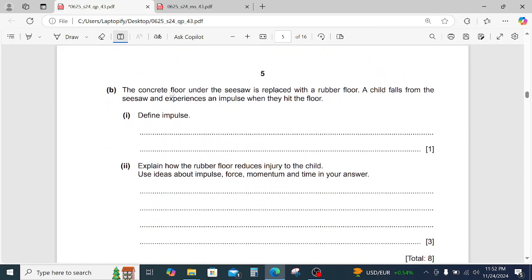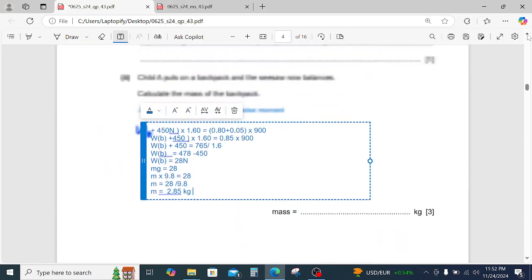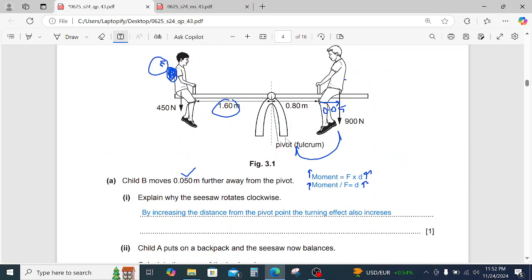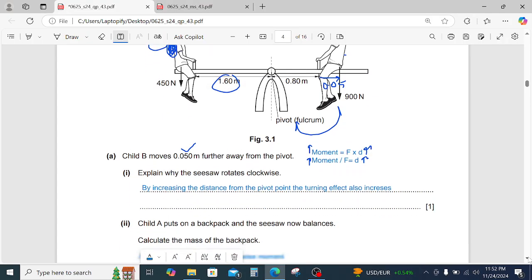The concrete floor under the seesaw is replaced with the rubber floor. A child falls from the seesaw and experiences an impulse when they hit the floor. The question is that if you replace the floor with the rubber floor, then what will happen here?